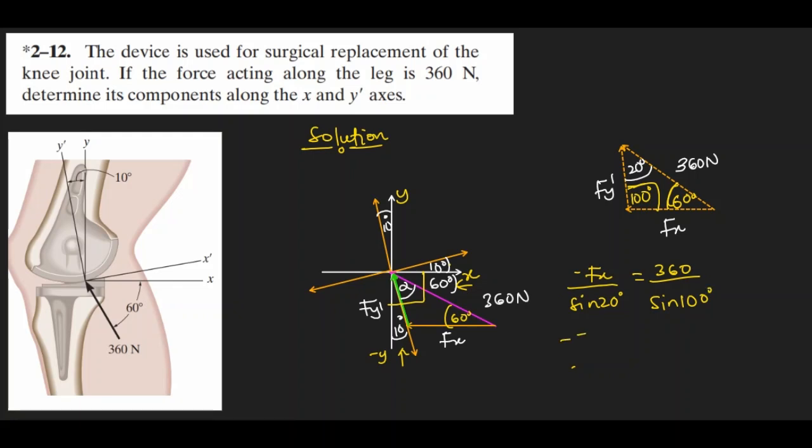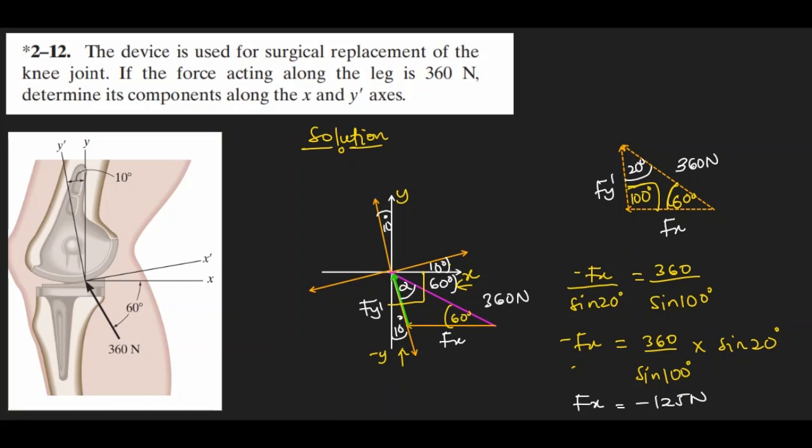So minus Fx is equal to 360 Newton divided by sine 100 degrees, multiplying sine 20 degrees. So we're going to have Fx equal to minus 125 Newton. So that's for Fx.